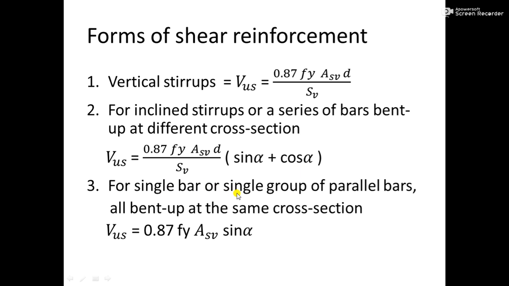For a single bar or single group of parallel bars all bent up at the same cross section, Vus is 0.87 fy Asv into sin alpha. These are the three types of shear reinforcement provided in the beam section to reduce shear. Generally, vertical stirrups or inclined stirrups are normally used for reducing the shear.